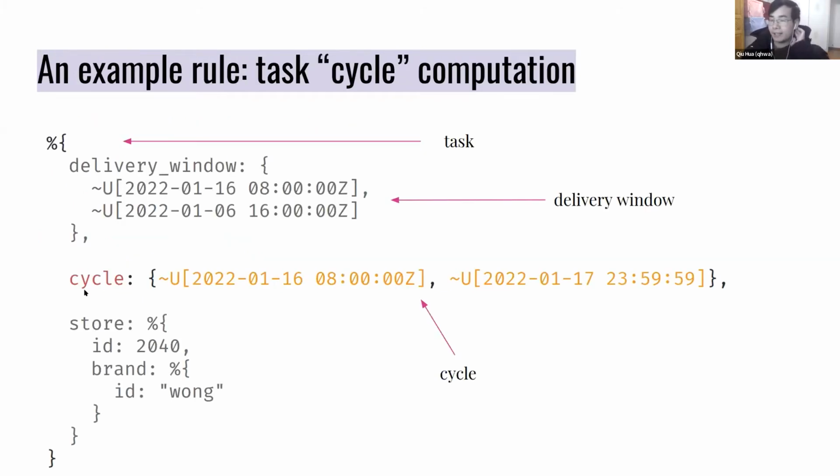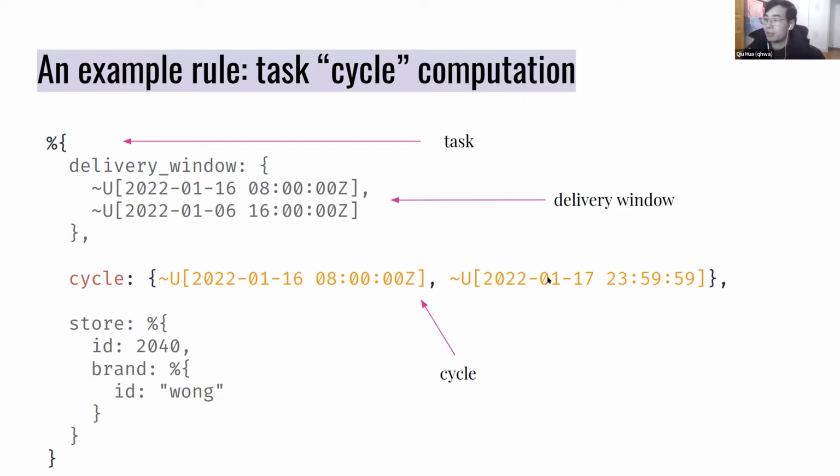So let's look at the cycle rule. As I said, we have a delivery window, which is determined by the clients. The clients will send us the data, like for this order, we need to deliver between these two timestamps, and we will compute a cycle which will allow the shoppers or users to see the requests.